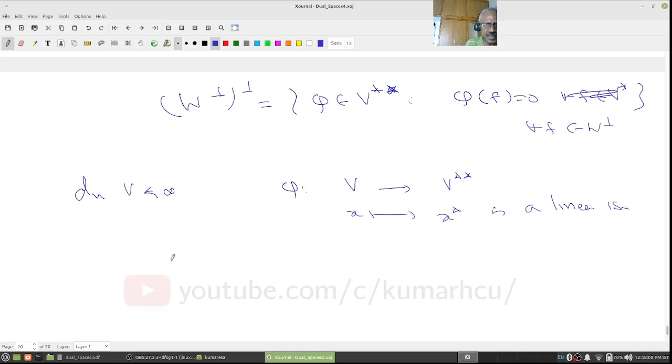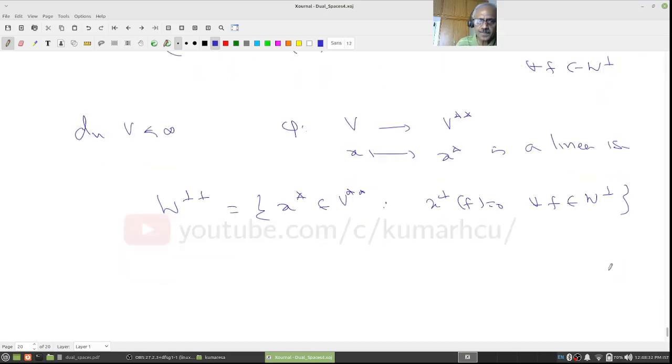Therefore, now I can ask, W perp perp is the set of all x star in V double star so that x star of f should be 0. This is true for every f in W perp. Do you understand this question?